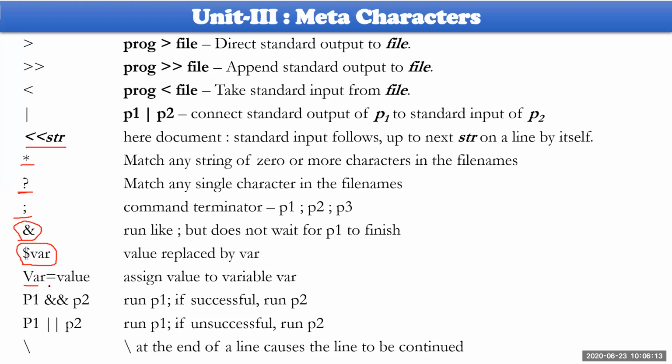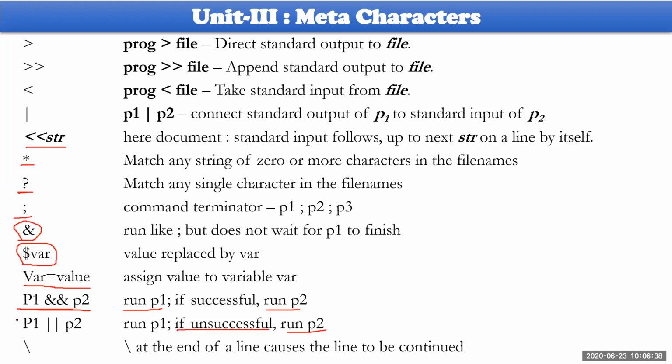Assigning value to a variable, and execution of processes based on the success of the first process with the second, that is ampersand and pipe. On success of the first process, the second will be executed. On failure of the first process, the second will be executed.